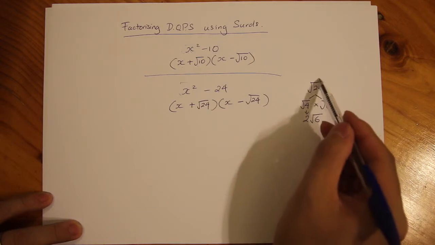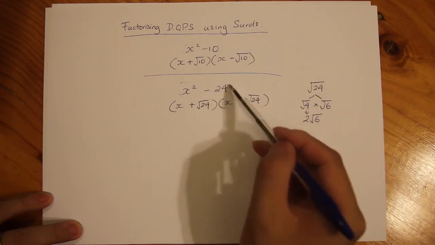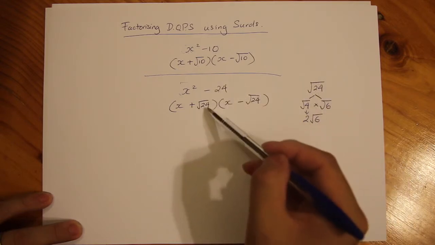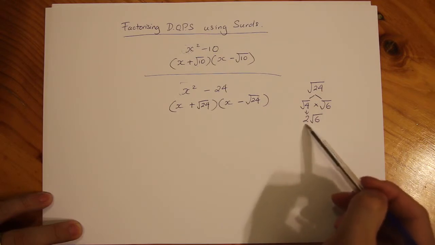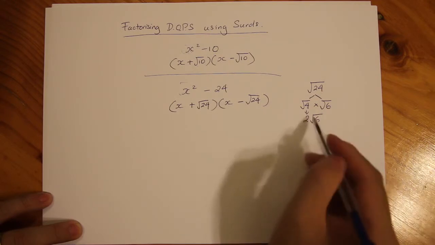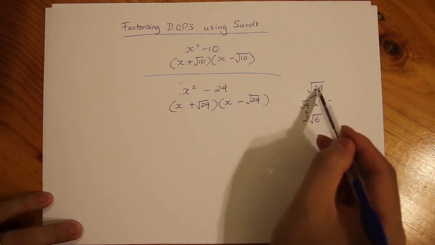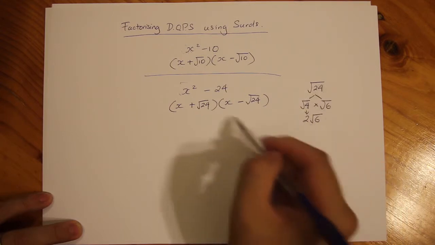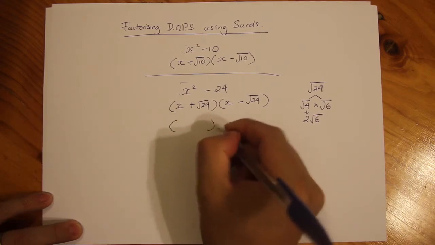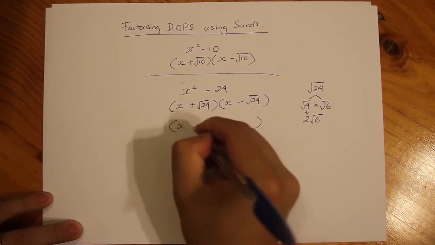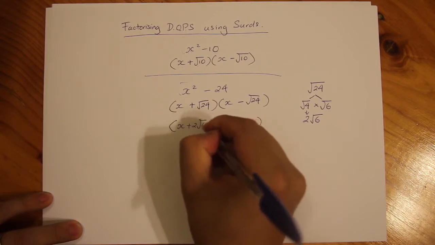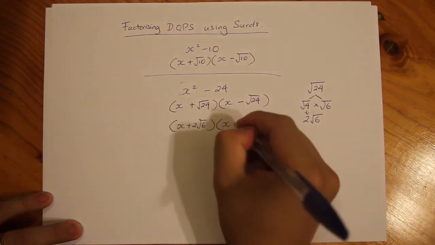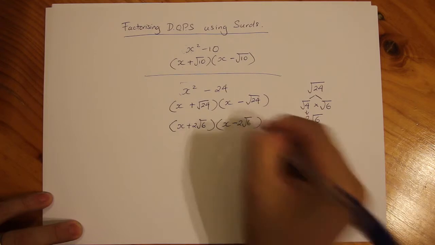So what you want to do in every scenario when you're changing a term into a surd, you're wanting to represent it in its simplest form. So now that we've simplified square root of 24 as 2 square root 6, we're going to put that into our terms. So x plus 2 square root 6, then x minus 2 square root 6.